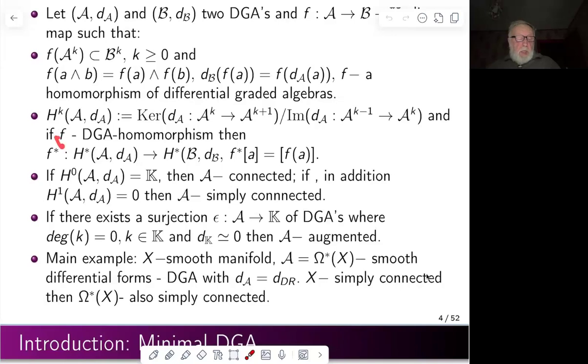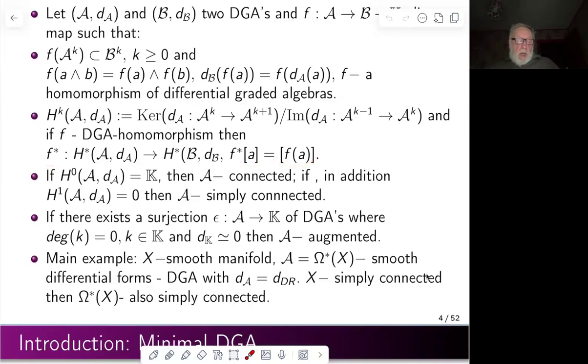And if we have this homomorphism F defined as above, then this homomorphism induces a homomorphism of algebras in such a way that if we have a class of A, then the induced map F star gives you the class of F(A).